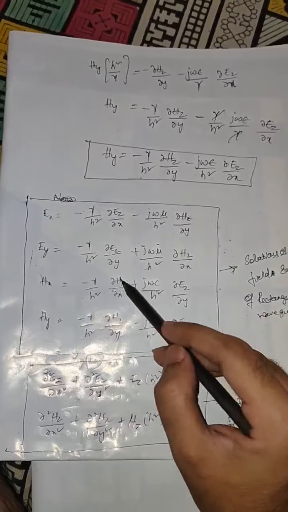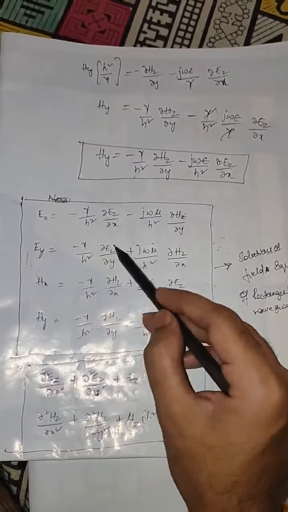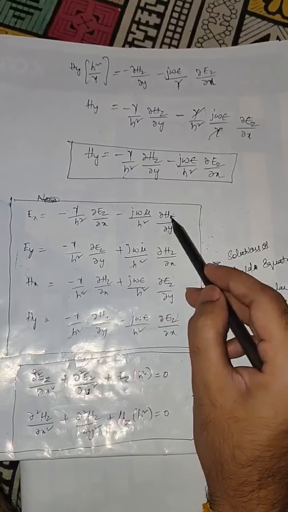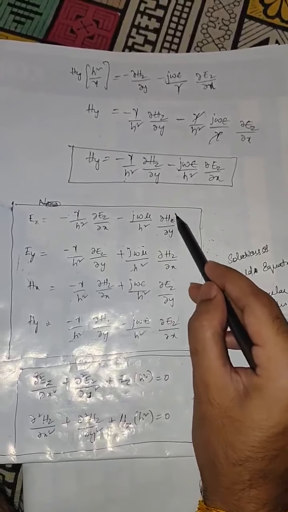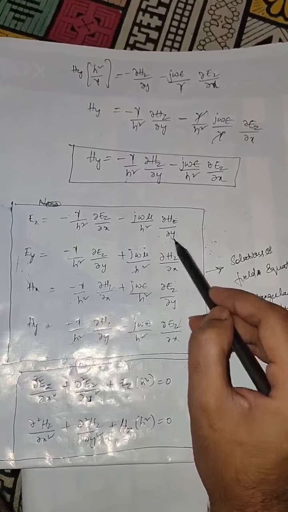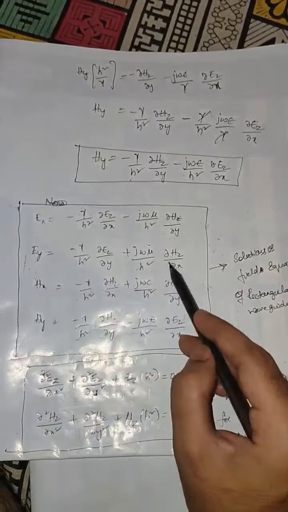In this particular equation, if you substitute Ez equal to 0, these components are going to be cancelled and only the remaining components stay, as you can observe from these equations. So the differentiation of Hz with respect to y is equal to 0, so Ex is equal to 0 here.